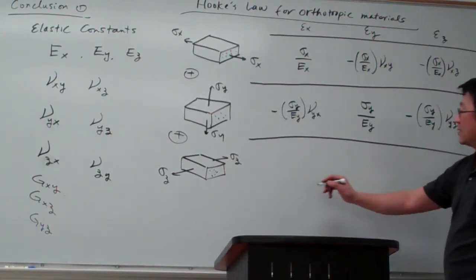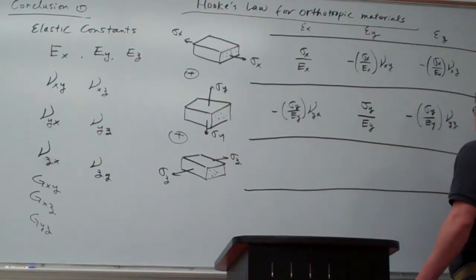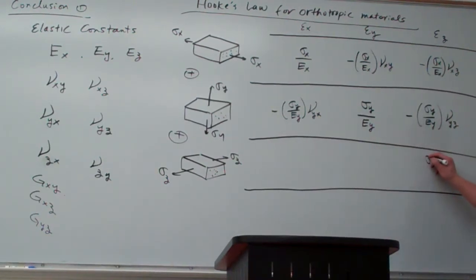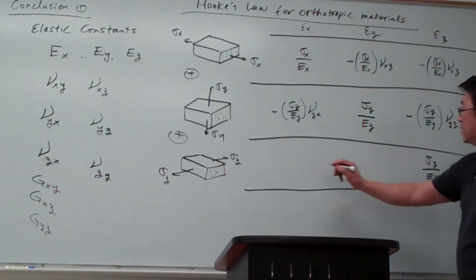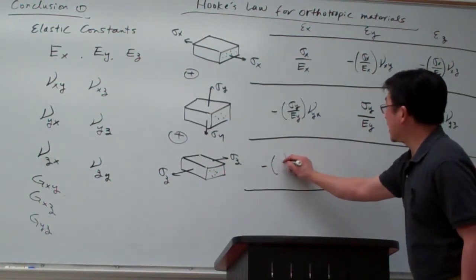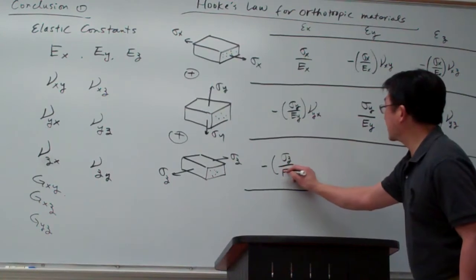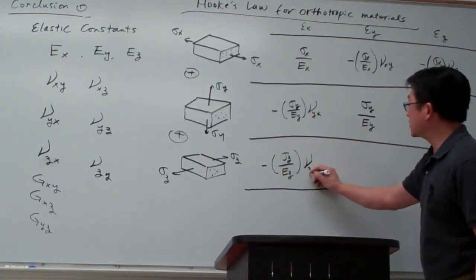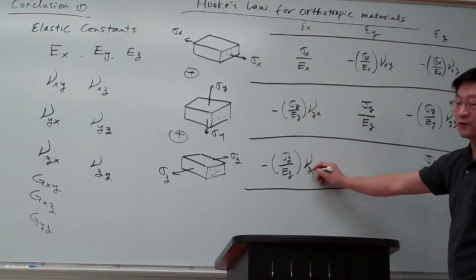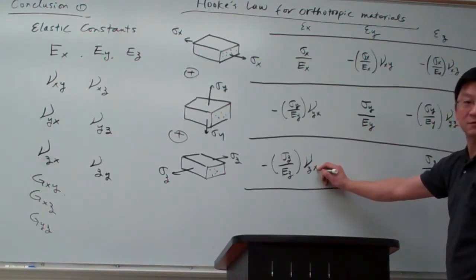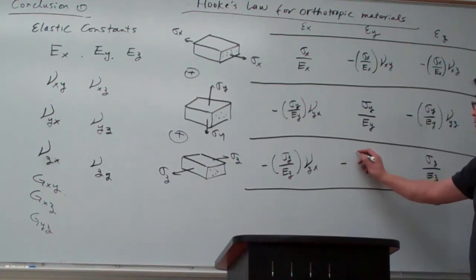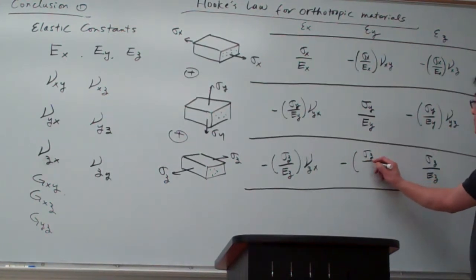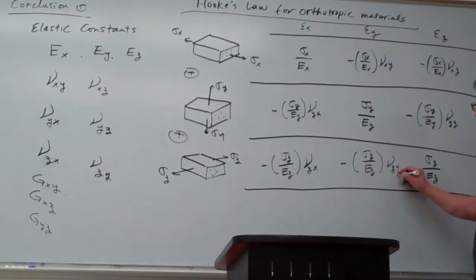Okay, and now for the third one. We start with the axial strain, sigma z divided by Ez. And again, z is the axial direction. We're looking into the x direction, mu zx, and here is minus mu zy.